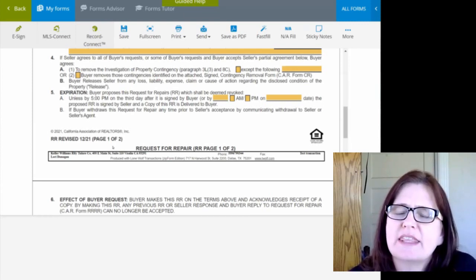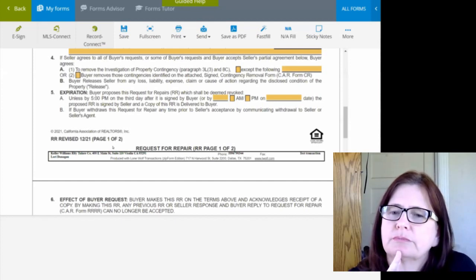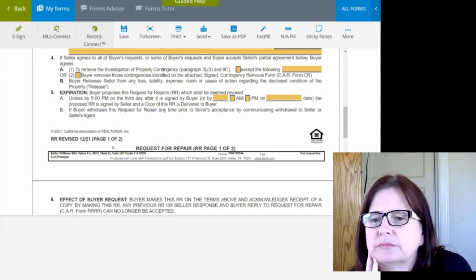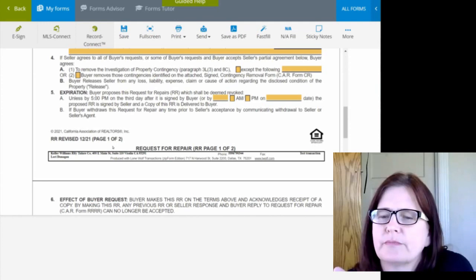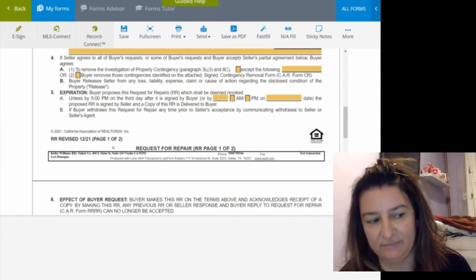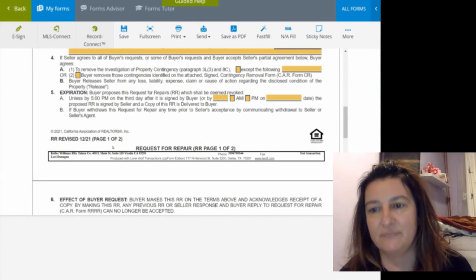Okay, so when the seller receives the buyer's request for repairs, what options do they have? Do it, repair it, right? Yes. Or they can also do a counter repair request. Yes.